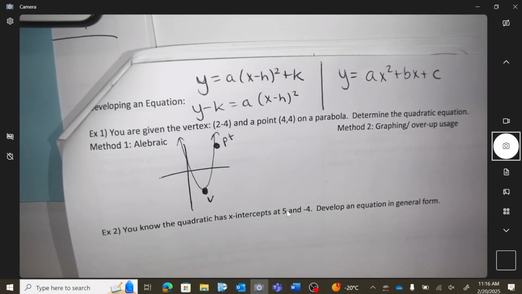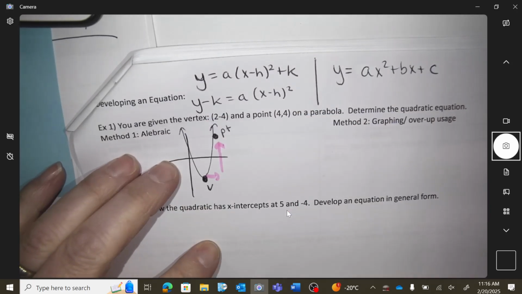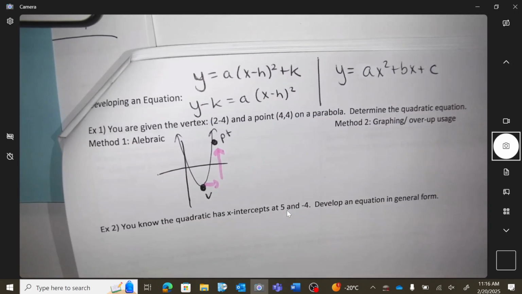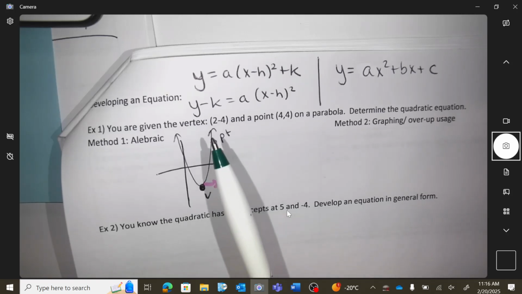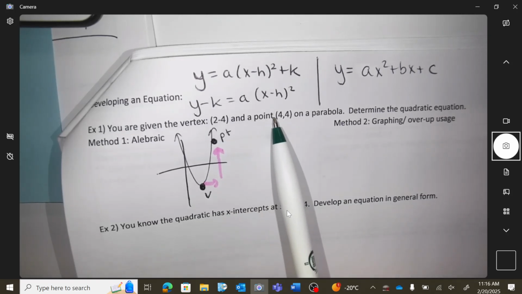Okay, so here is my question. Tell me my movement. How did I get to that point? I've moved, so in other words, over what, up what? So this vertex was at 2, and now this one's at 4.